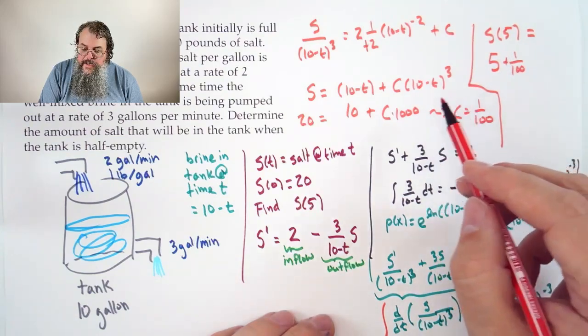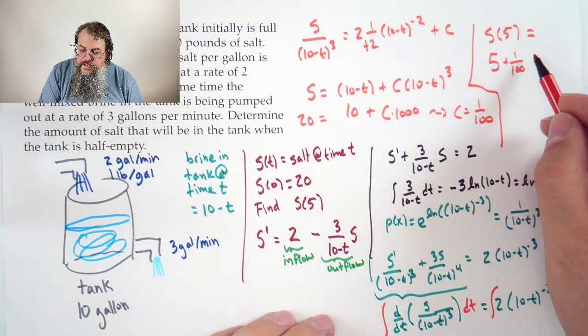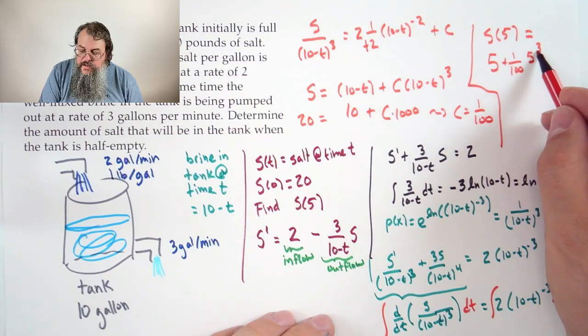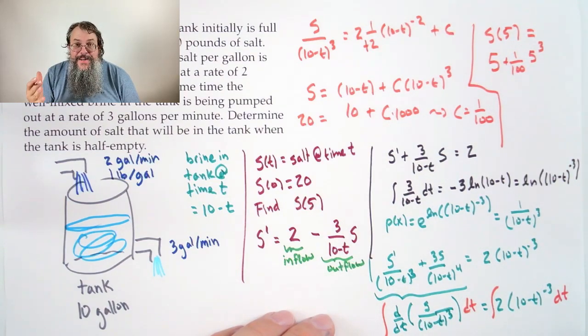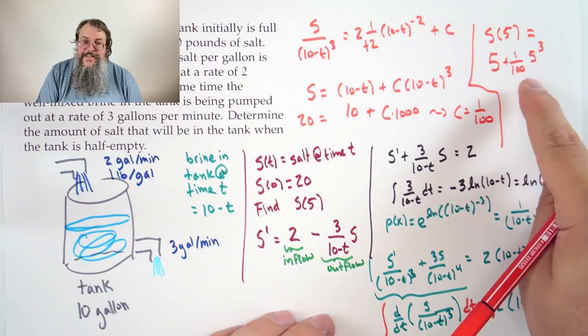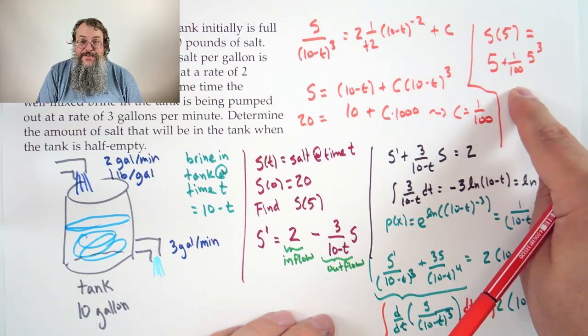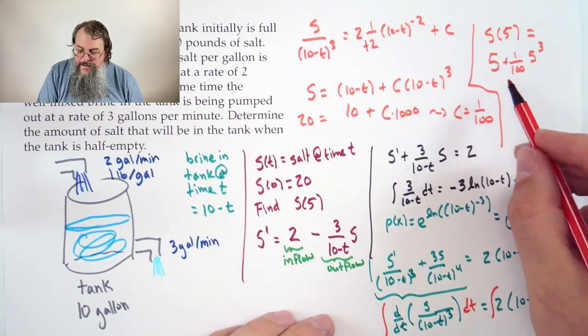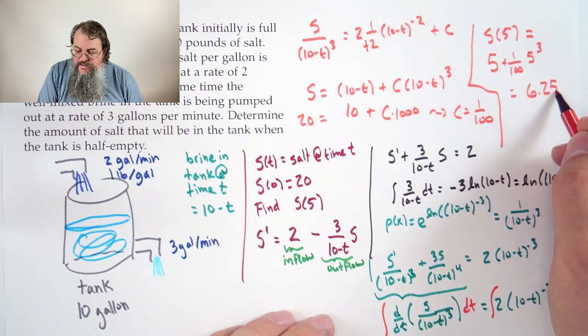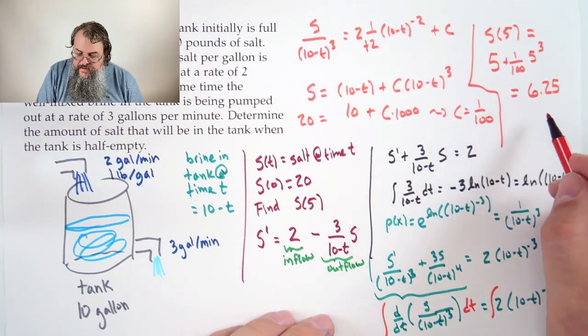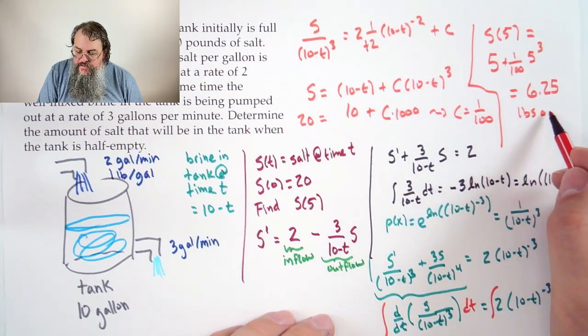And then we're going to have 10 minus 5, which is 5 cubed. Now 5 cubed is 125. Divide that by 100, it's 1.25. And so add 5, you'll get 6.25. And so that's how many pounds of salt we have.